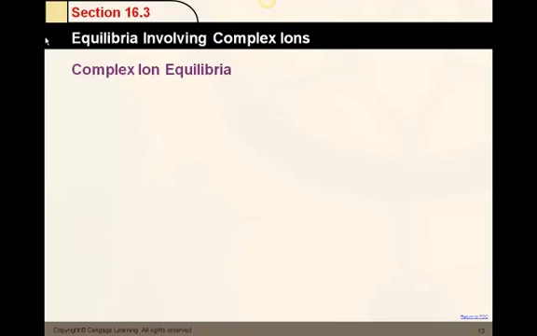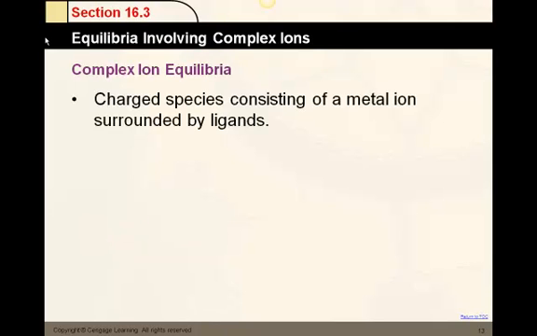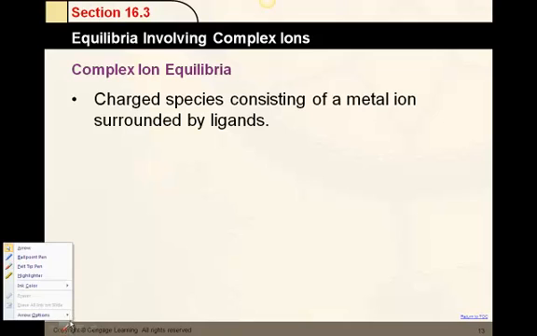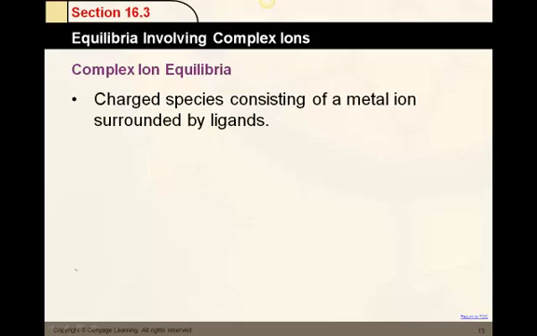What are complex ions? Well, they are charged species consisting of a metal ion surrounded by ligands. What are ligands? Ligands are different substances that are attached to the metal ion, often Lewis bases.